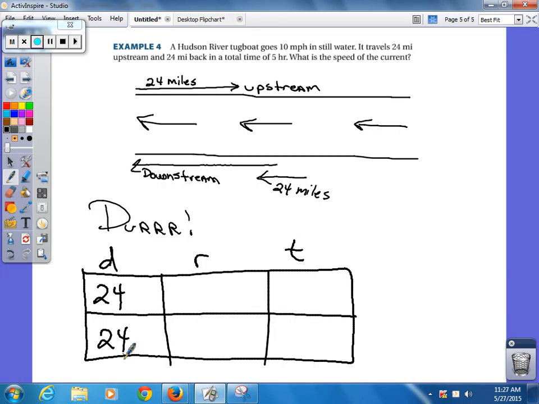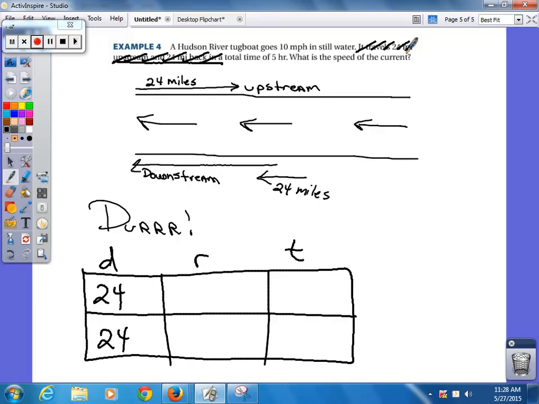Because it goes 24 miles upstream and what? Total of what? Okay, it travels 24 miles upstream and 24 miles back in a total time of what?